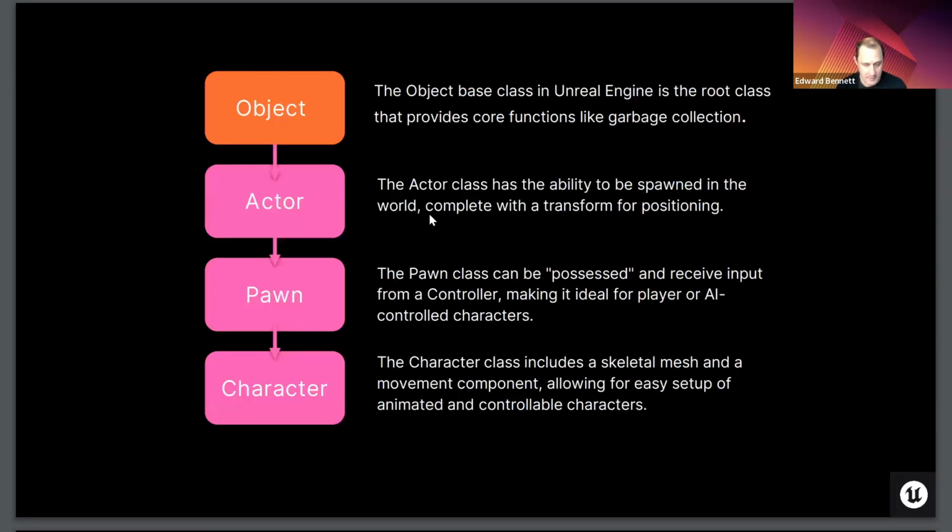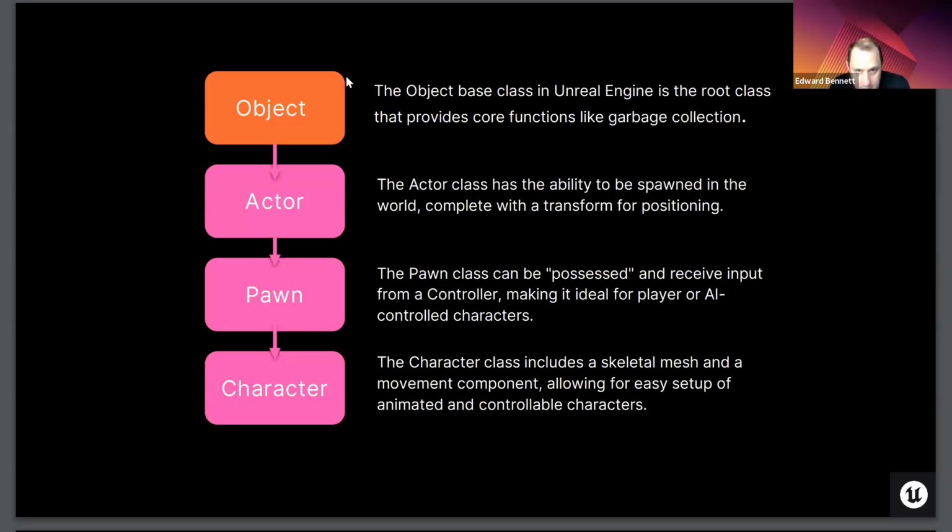Okay, so the object class is the highest class that we'll be working with within the engine. Within the editor, you can't access any other class that isn't a child of this, I believe. The object class has some functionality in it that you won't be aware of, because it just allows it to function with Unreal Engine correctly.